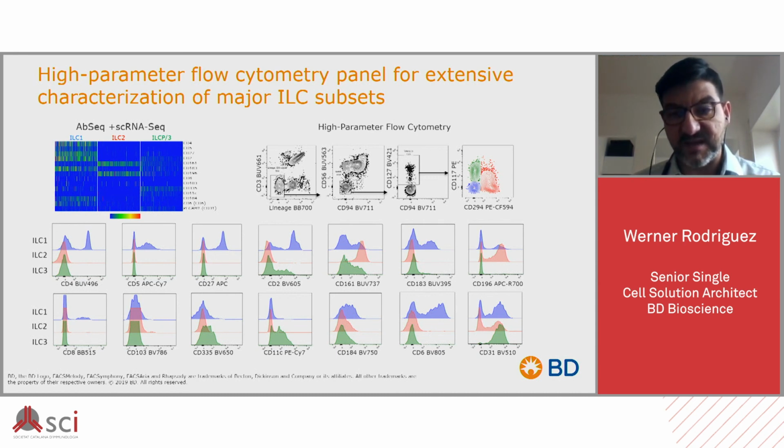As you can see, we first divided into these three major groups using CD294 and CD117, and then in the lower part of our slide we see different histograms that evidently show the expression of ILC1, the CD4 specificity for ILC1, and allow us to better characterize this new group of samples.